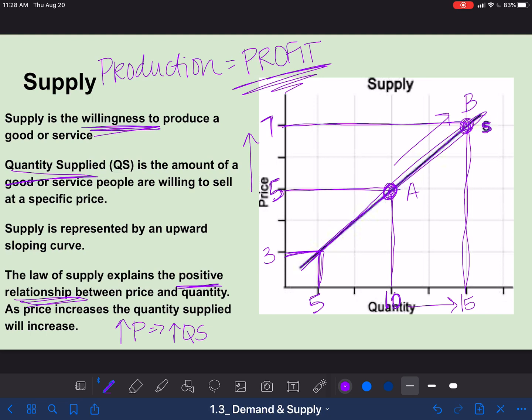If the price of your product is decreasing, meaning you're making less of a profit on that product, are you going to make more of that? No, because you're not making a profit. So our positive relationship is for supply. We increase the price, which will increase the quantity supplied. And then the opposite is also true. If we decrease price, we're going to decrease the quantity supplied.